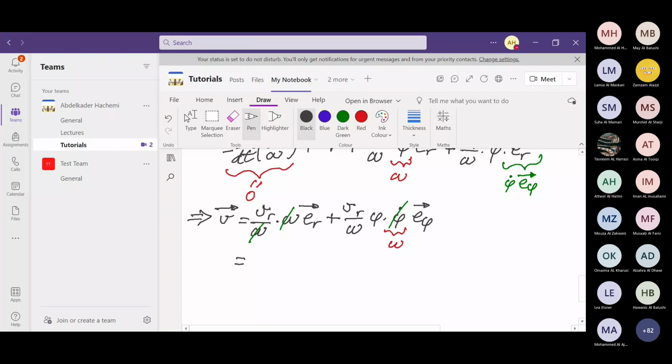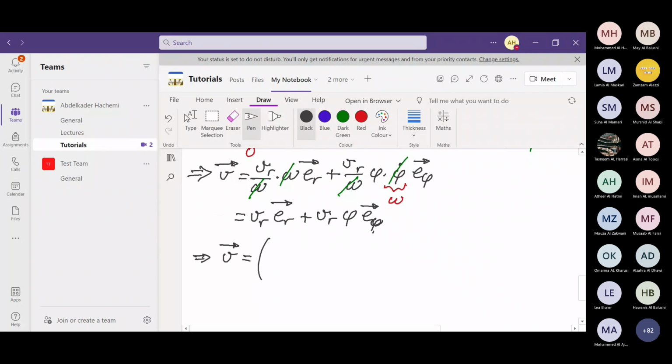Then we can write that V has the component as a vector like this: VR in radial direction, and VR multiplied by phi in circumferential direction.